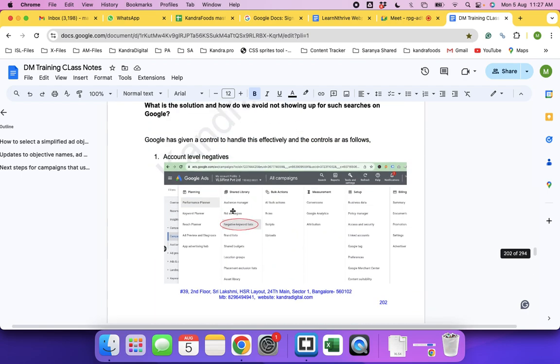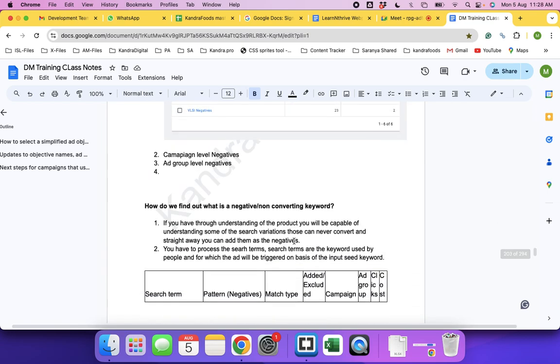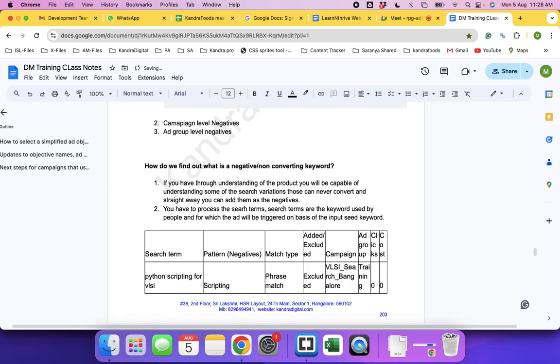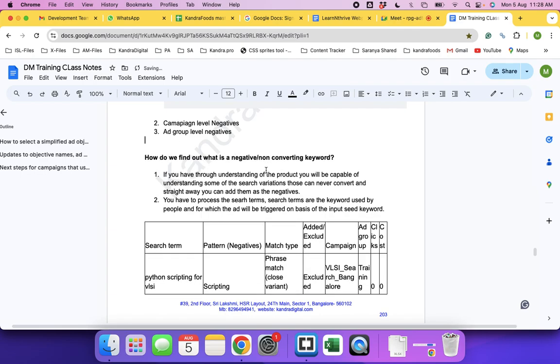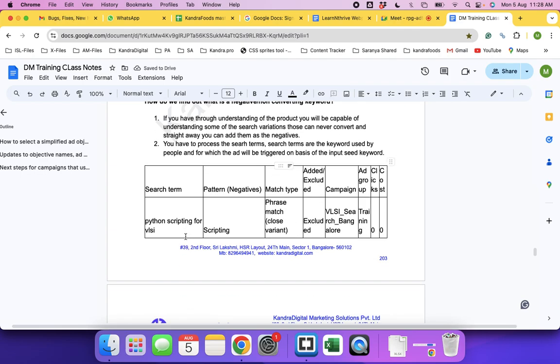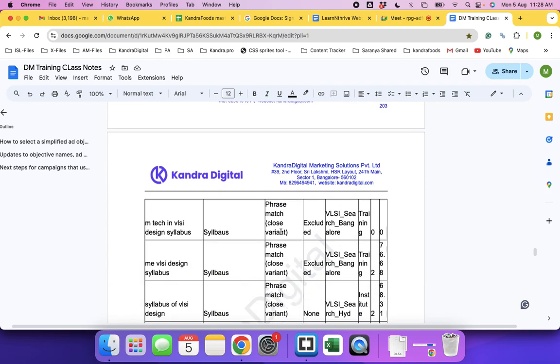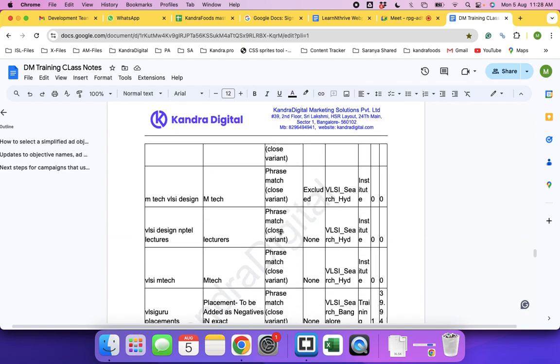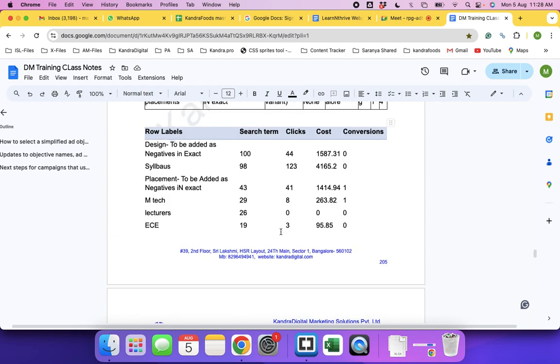Okay, so we have discussed this as well, adding the account negatives at the account level. There is a screenshot as well. How do we do that? Campaign level negatives, ad group level negatives. We did some activity last time.